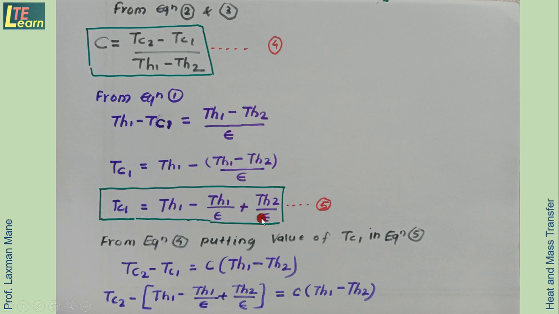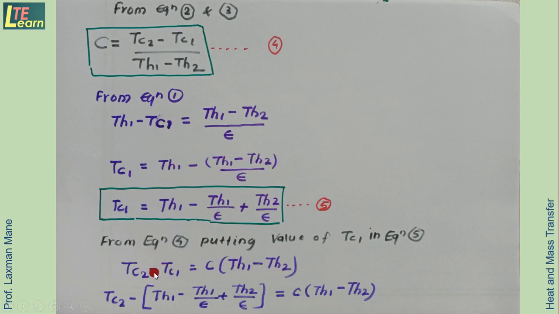So we find this equation, say equation number 5. So now from equation 4, we put the value of TC1 in equation number 5. Here from equation 4 we got the TC1 value, so this expression we can put in equation number 5.